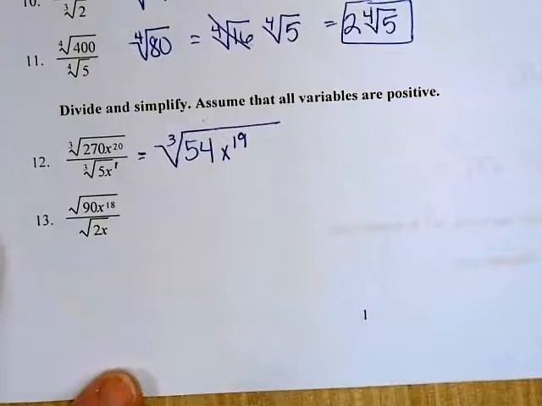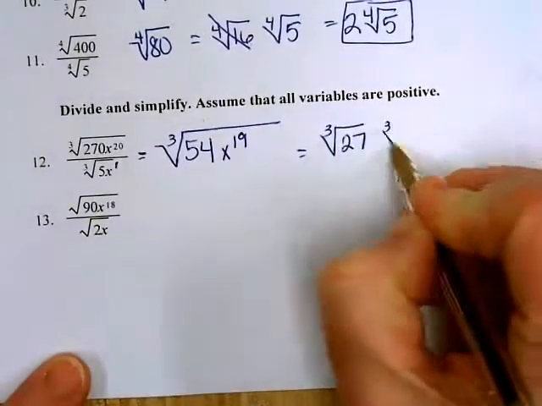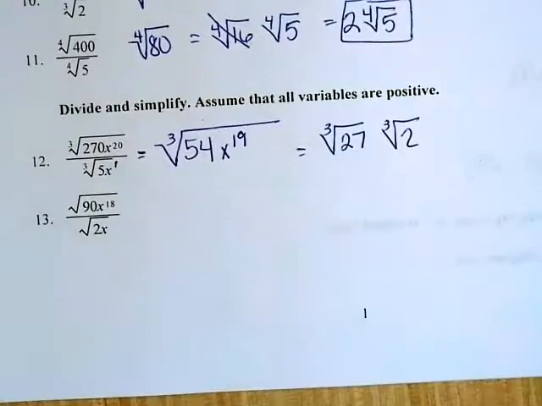Okay. Is 54 a cube? No. Can it break into something that is a cube? Okay. Cube root of 27, cube root of 2. Okay, x to the 19th. I need for the exponent to be divisible by 3.